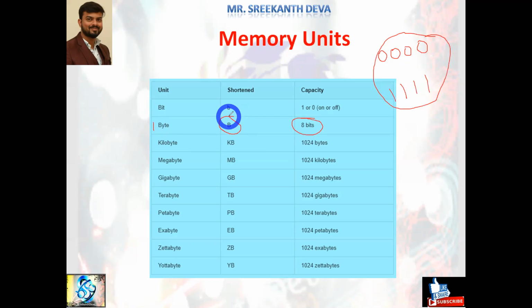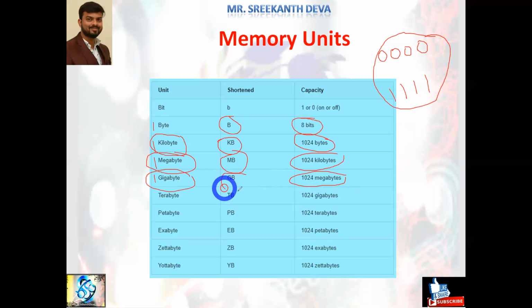The shorthand is capital B. 1024 bytes represent 1 kilobyte, represented by capital KB. 1024 kilobytes represent 1 megabyte, represented by capital MB. 1024 megabytes represent 1 gigabyte, with shorthand capital GB.